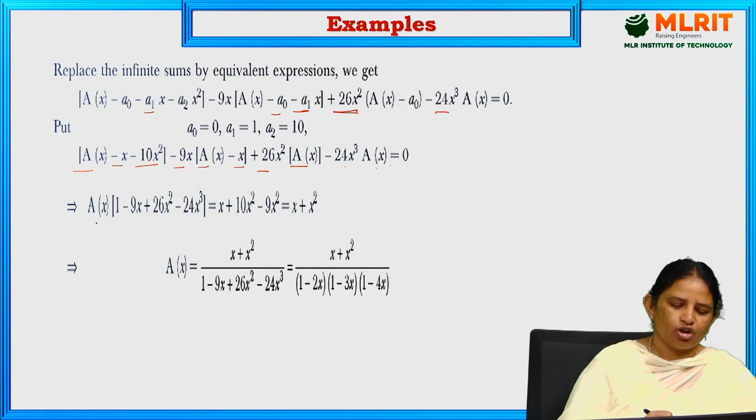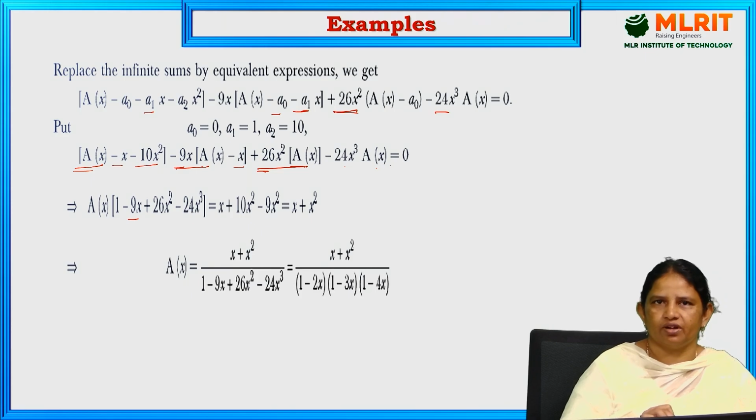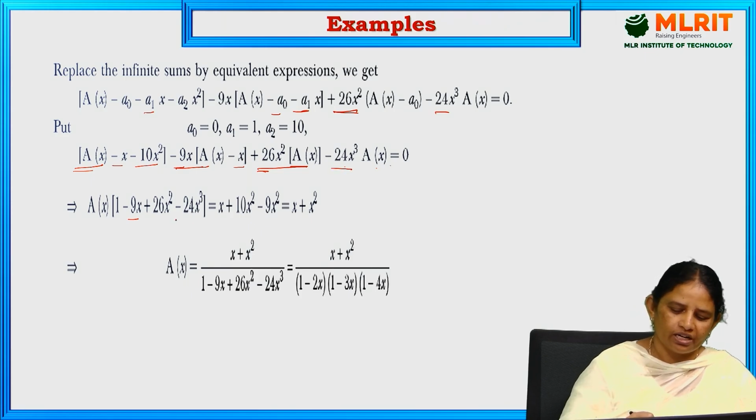Next, take A of x as common. First term 1 is there. Second term 9x is there. Third term 26x square is there. Fourth term 24x cube. What are the remaining terms? Minus x goes to the right side, x plus 10x square. Minus 9x square goes to the right side.